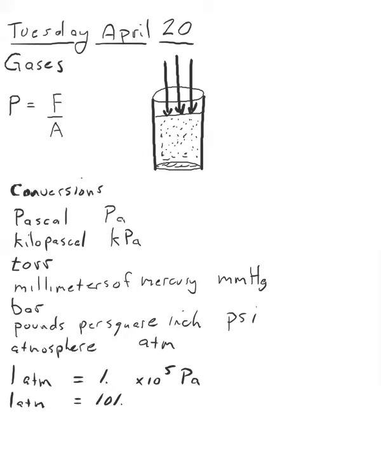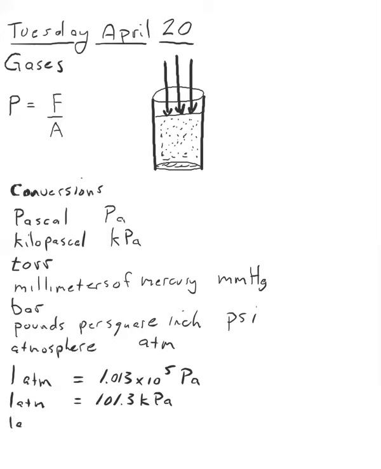I'm trying to do this from memory, and sometimes it's not a good idea. So 1.013 times 10 to the 5 pascals, or 101.3 kPa, kilopascals. I just moved the decimal place over 3 places and got rid of the exponential notation.